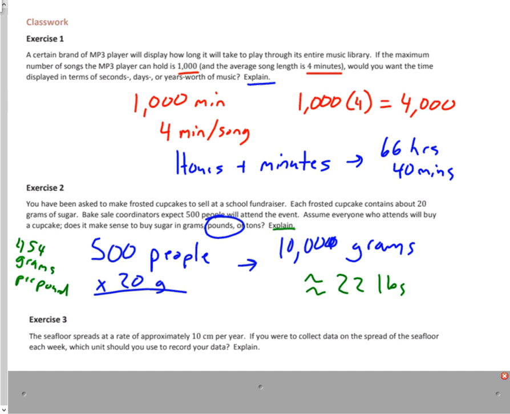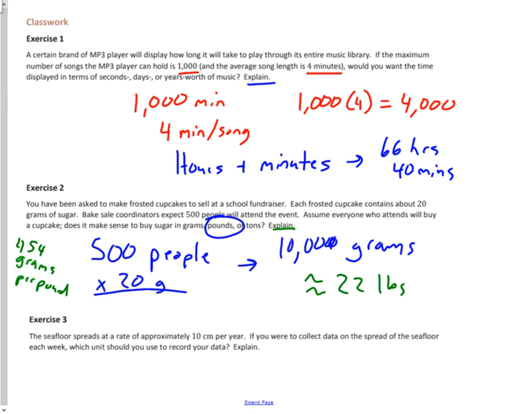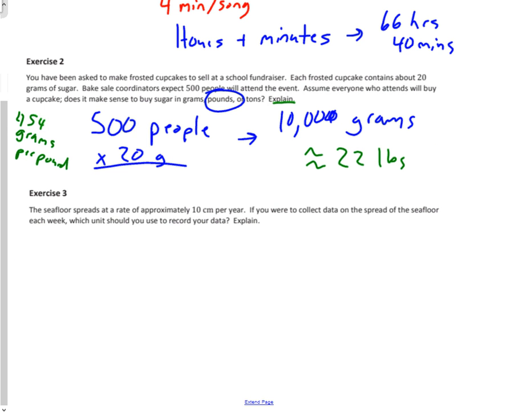Last one. The seafloor spreads at a rate of approximately 10 centimeters per year. So stuff on the seafloor does move. If you were to collect data on the spread of the seafloor each week, which unit would you use to record your data? So if we want to do it per week, this is per year.